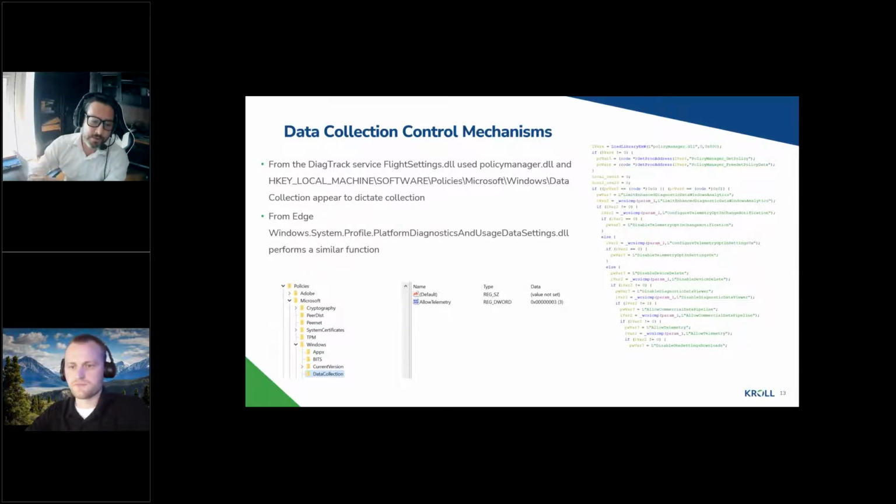And one of the big values that we've come across is this AllowTelemetry value. Now that seems to show how much data is collected, whether it's verbose or just minimal collection. This key seems to control how verbose it is. Next.